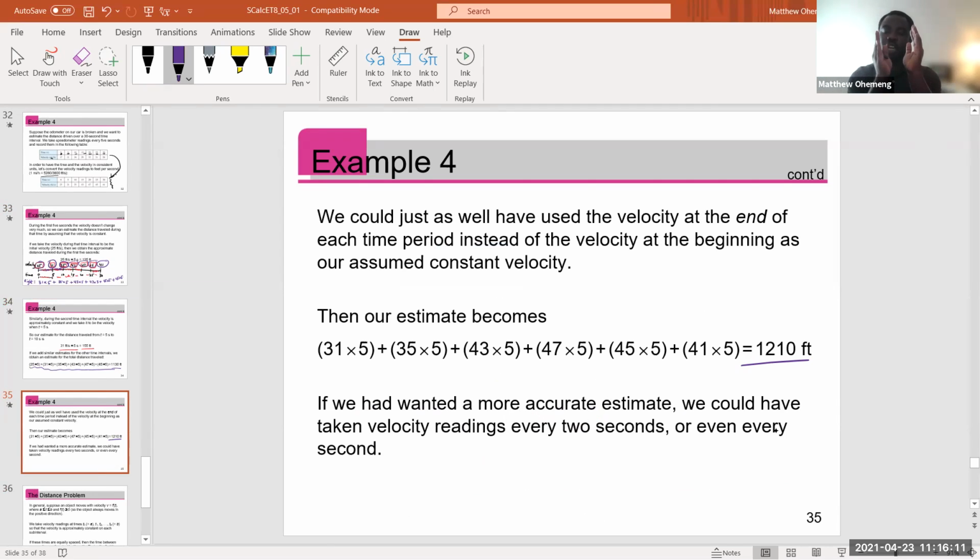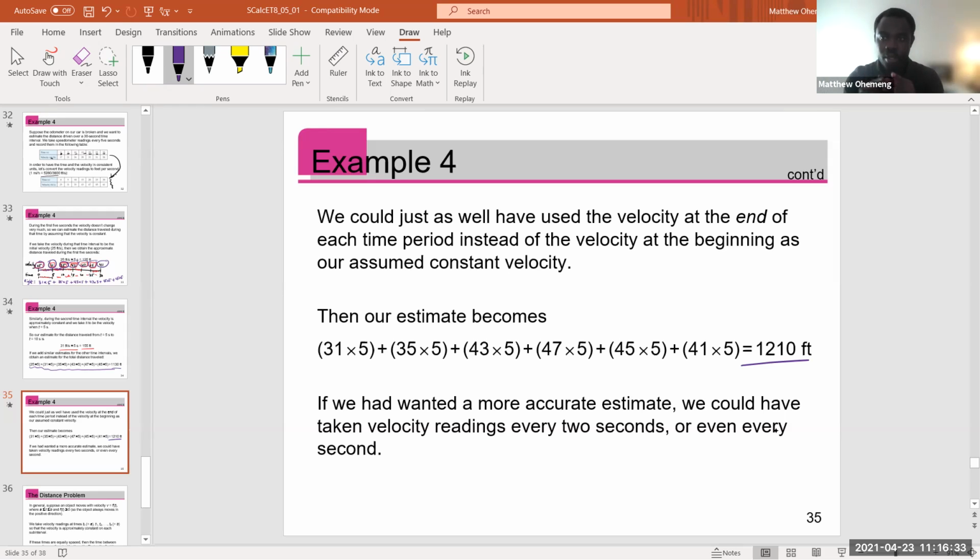Now we know that the true area will lie in between these two estimates, right? Now, the thing is, this is an estimate and we used only 5-second intervals. It's safe to assume that just like we had for the area problem, if you shrink the time interval, the more accurate this becomes.